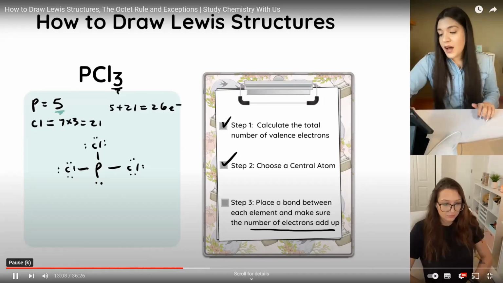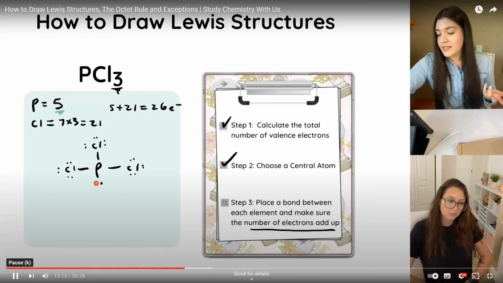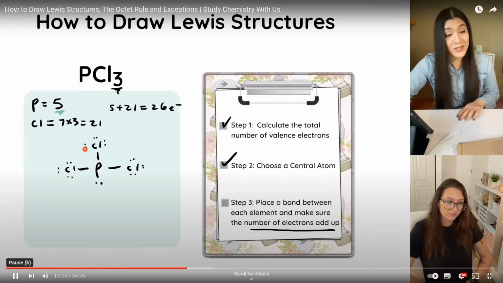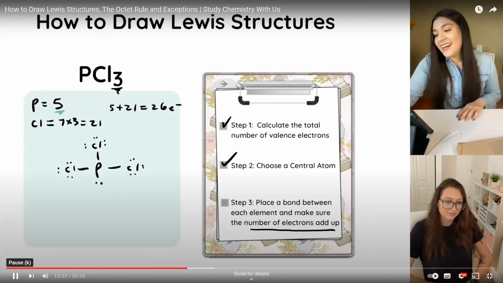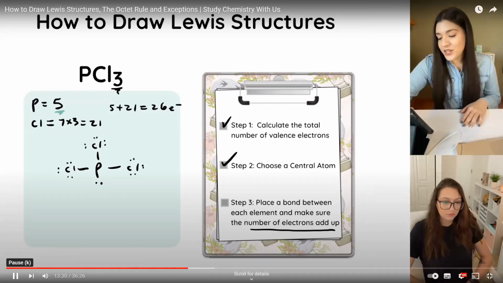I can count this again: 1, 2, 3, up to 26. I could do that if I truly wanted to. Or I could go a little bit faster and say this is 8 valence electrons. There's 3 here. So 3 times 8 gives us 24, plus the additional 2 here.